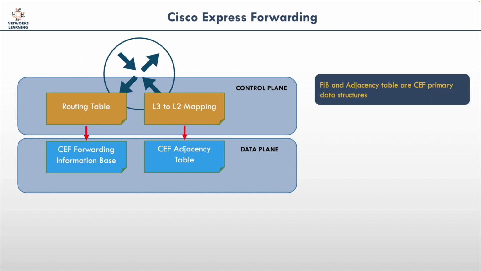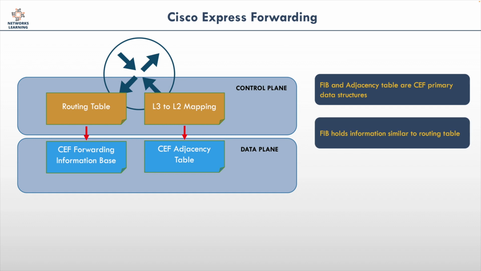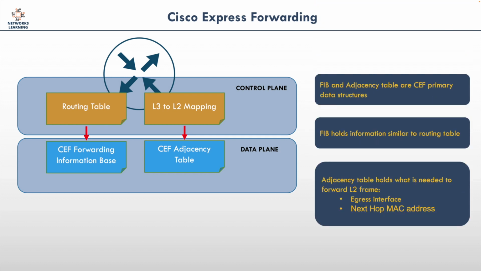The FIB and the adjacency table are the CEF primary data structures. So this is essentially your CEF table. The information in the FIB table is very similar to what you can see on the routing table. And the adjacency table has the information that is needed to forward the layer 2 frame. So it will have your egress interface and your next hop MAC address.